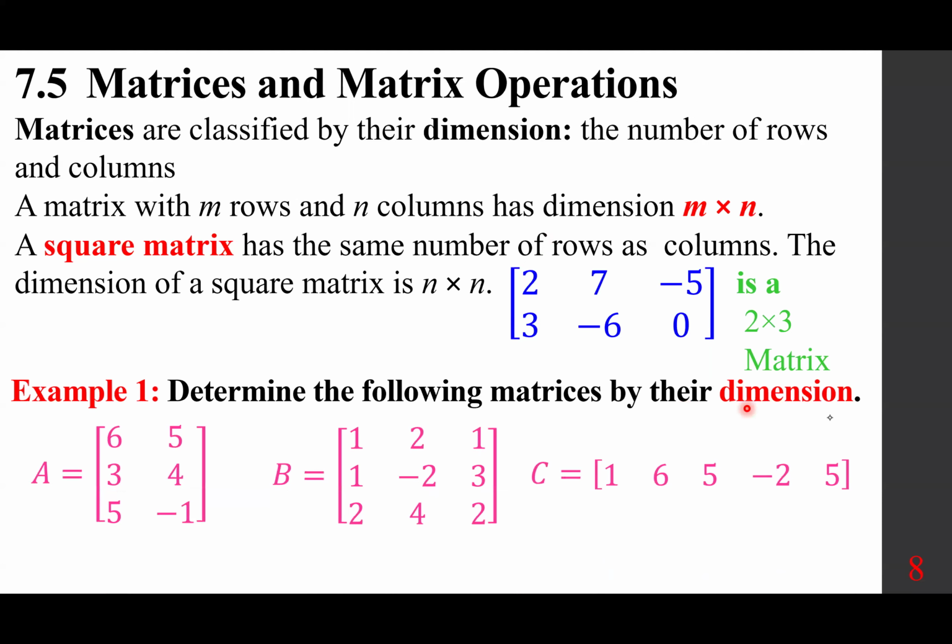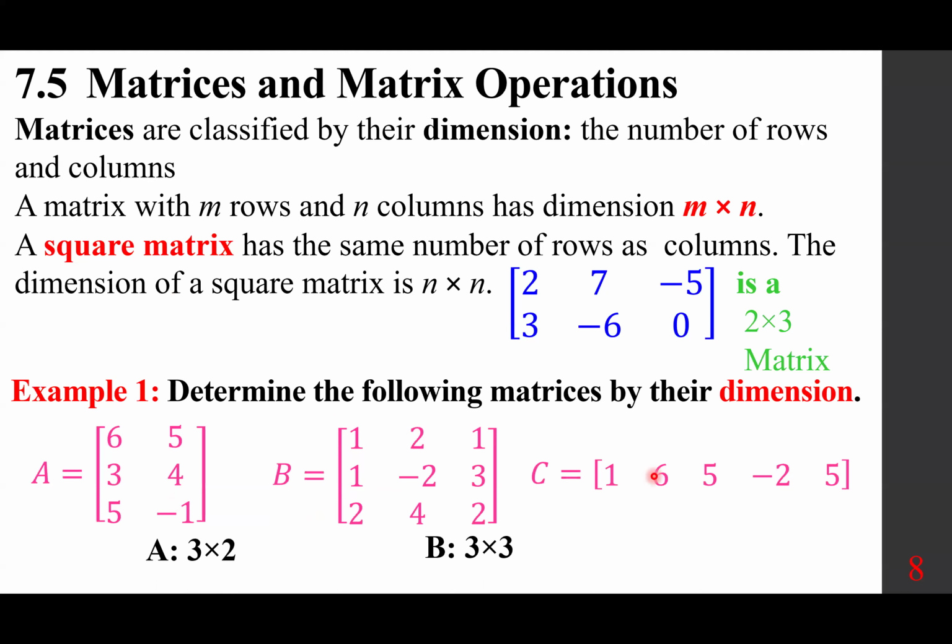Determine the following matrices by their dimensions. Matrix A has 1, 2, 3 rows and 1, 2 columns. It's 3 by 2. Matrix B has 1, 2, 3 rows and 1, 2, 3 columns. It's a 3 by 3 matrix. In fact, it's a square matrix because the number of rows and columns are identical.